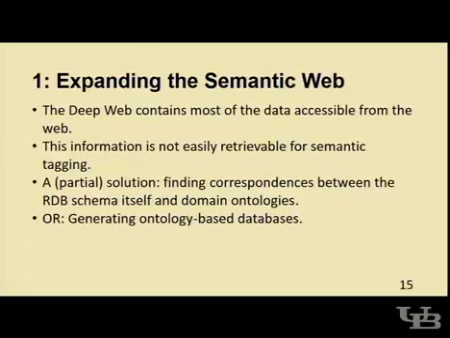There was a first workshop in 2007 organized by the World Wide Web Consortium on this topic: how to extend the semantic web to the deep web, and so to the data contained in relational databases. So a partial solution is this. Instead of trying to annotate or add semantics to each single field manually for every relational database, which is impossible, we try to do this.